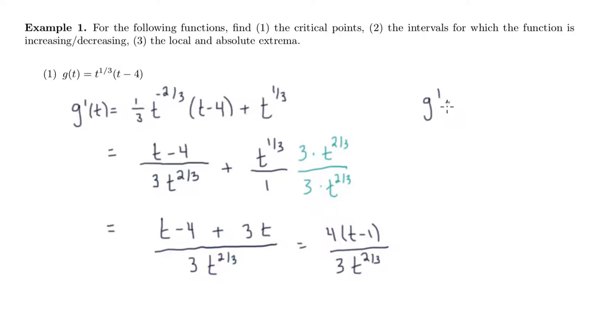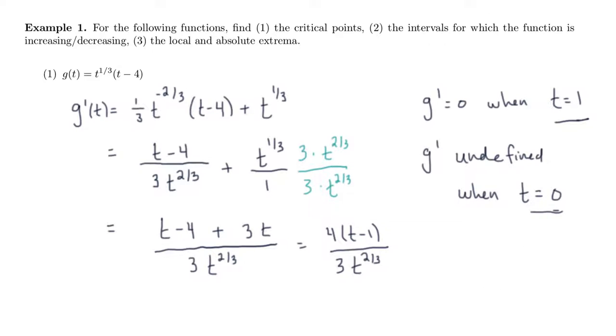So g prime equals 0 when t equals 1, and then g prime is undefined when t equals 0.